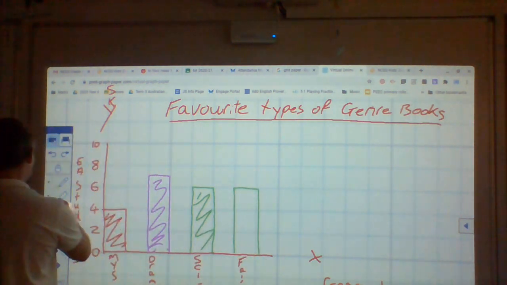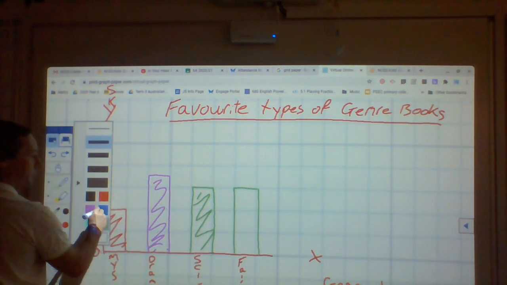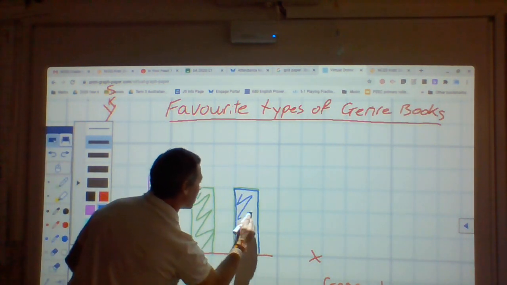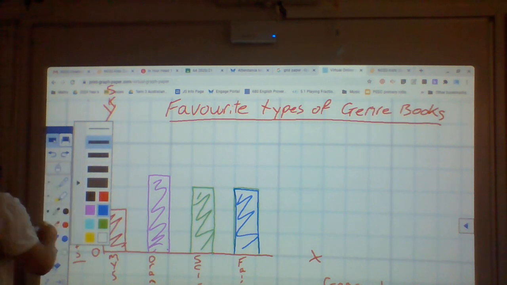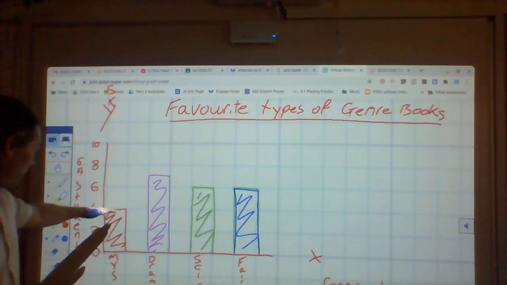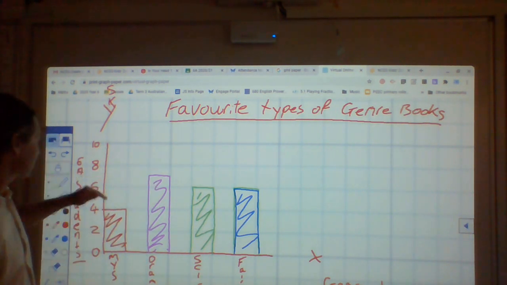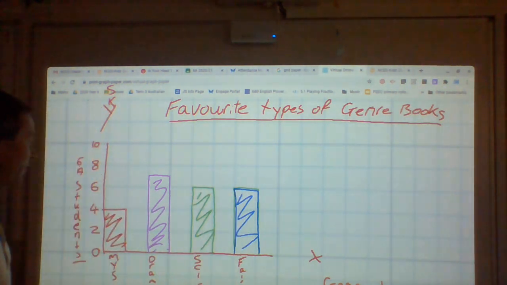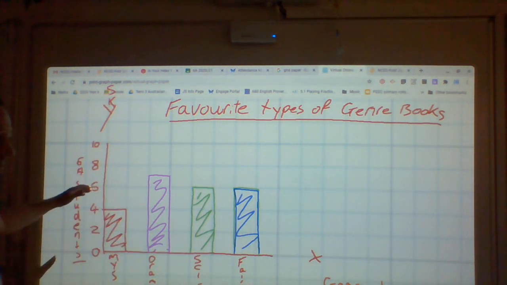Let's make that colour really clear. Let's go with blue. So at this stage, mystery 4, drama 7, sci-fi 6, and fairy tales 6.